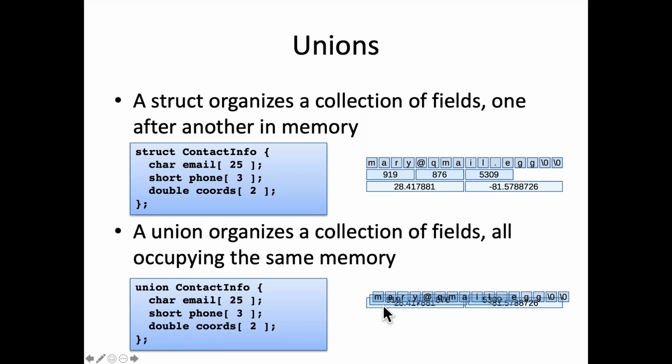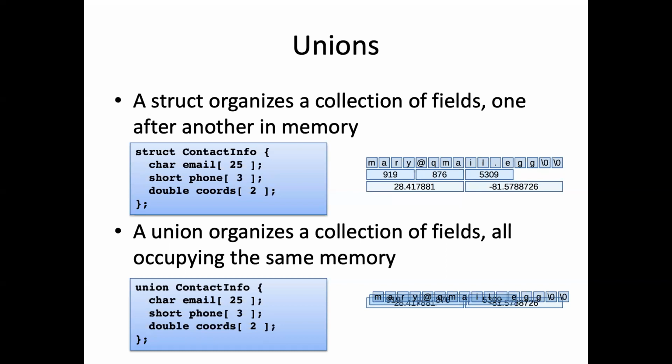And like I'm trying to show in my picture, it stores each of those fields using the same memory. The size of a struct is going to depend on all its fields, and the size of a union is going to depend on its largest field.